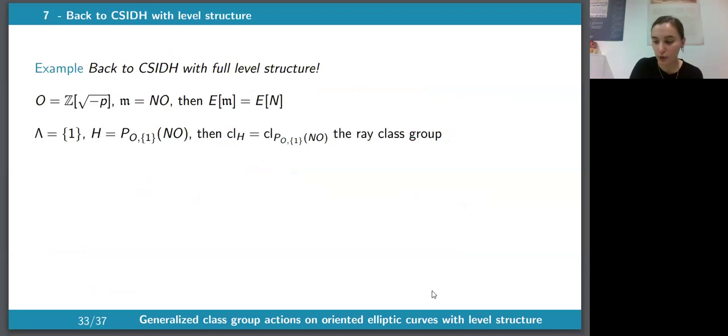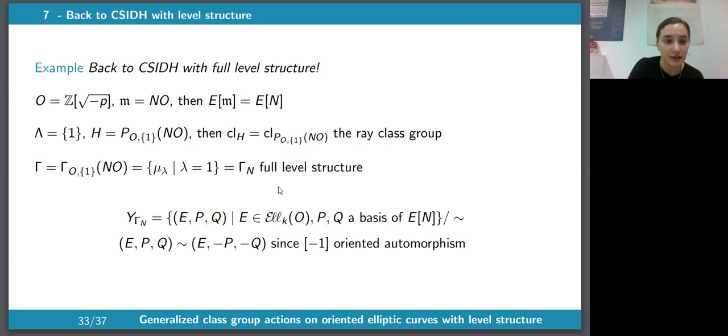I have now 2 more examples, but maybe I will show one for the sake of time. Let me show maybe the case of CSIDH with full level structure. Here, remember, we take lambda to be 1. The congruence subgroup is the group of rays. Then the class group, the generalized class group that we define with such a congruence subgroup is the ray class group, as we saw.